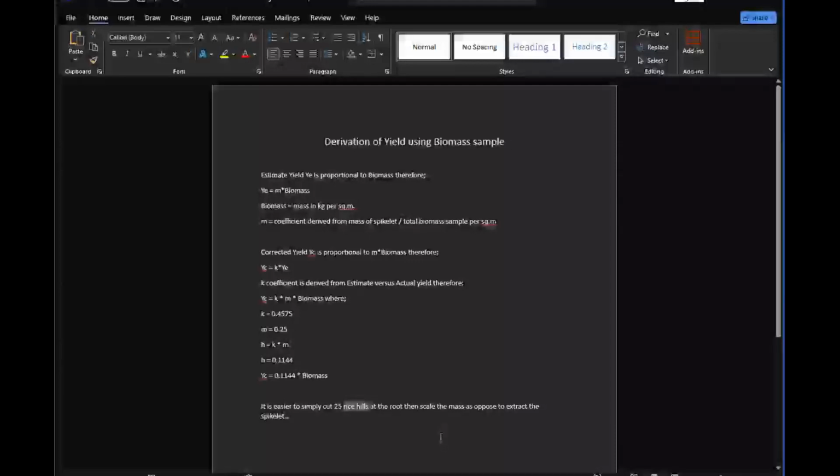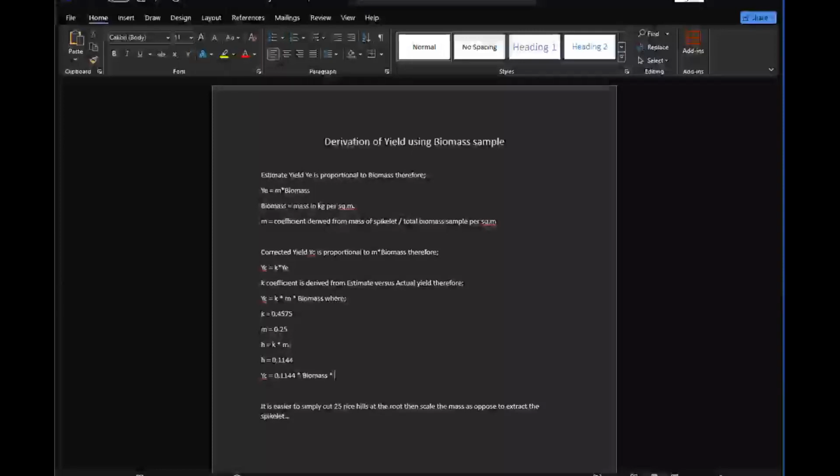And another method is take 25 hills, cut them at the roots, and then weigh all of that stuff and multiply by, I forget, that's one thing I forgot.